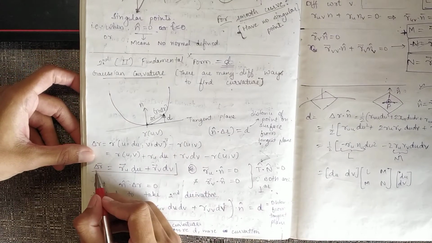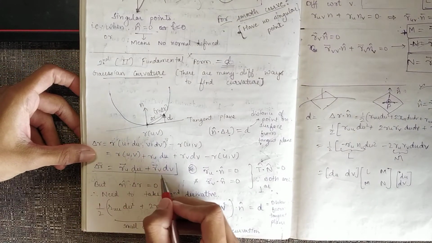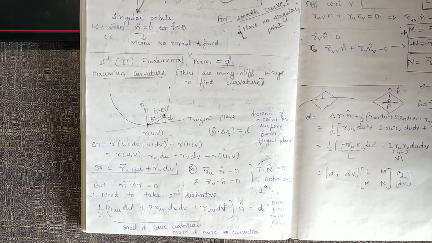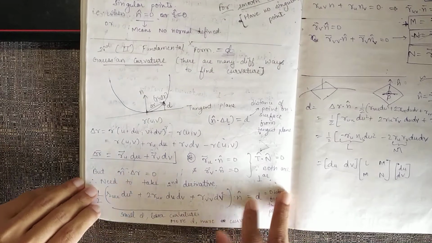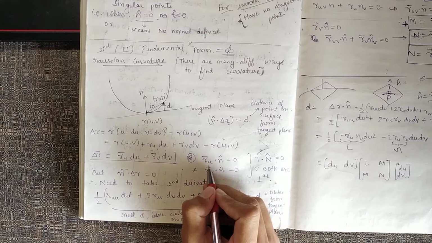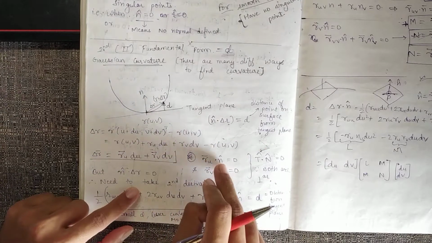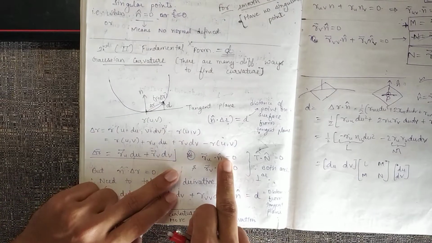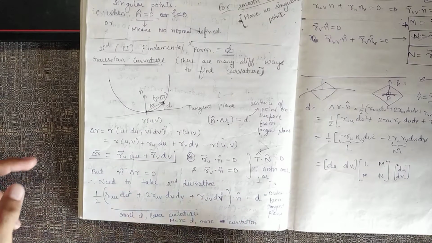So this delta r can be defined, and the normal has been defined already above. That is delta r equals r_u du plus r_v dv, and we should take this as a very important point: r_u is along the tangent. So its dot product with the normal will be 0 because this is the tangent plane, this is the normal, so its dot product will be 0 because of 90 degrees.